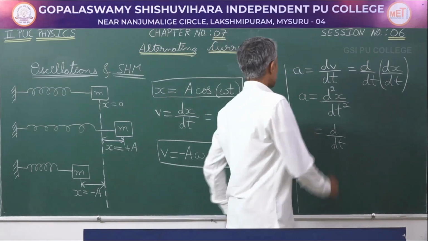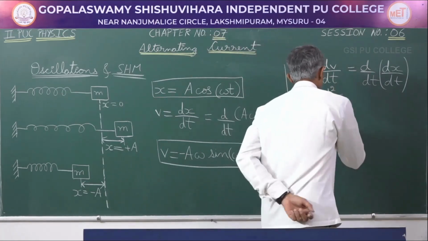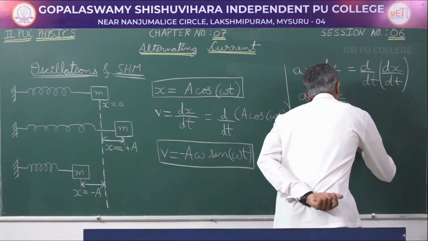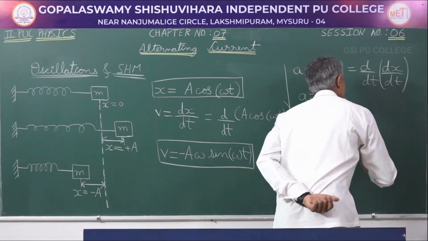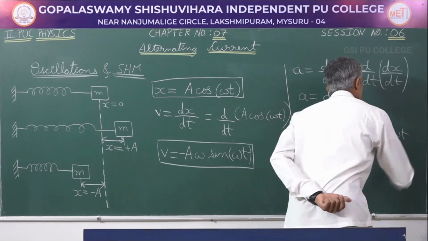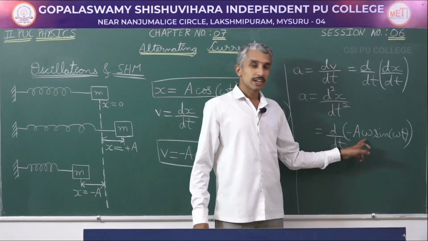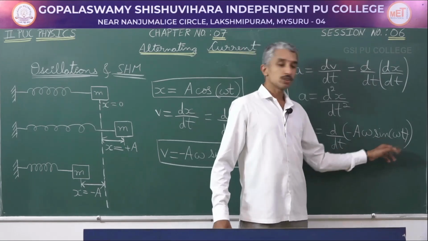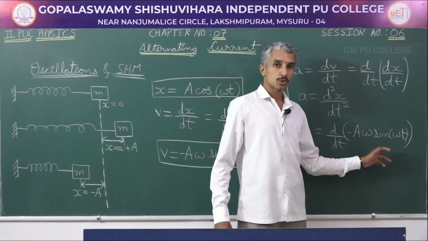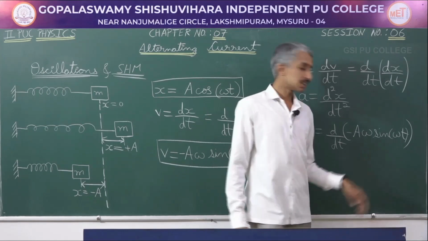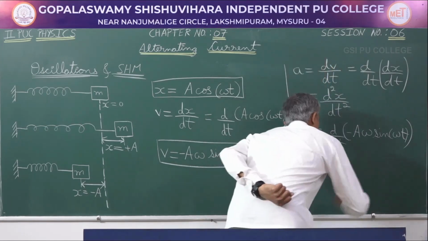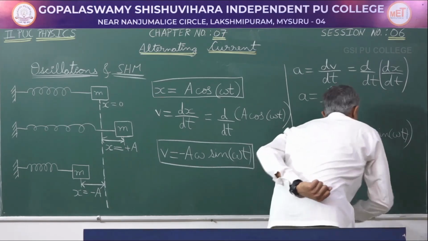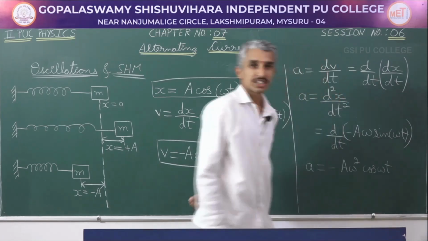If you are applying a is equal to dv by dt, then acceleration is differentiation of minus a omega into sin omega t. A and omega, amplitude and angular velocity, are constants. Differentiation of sin omega t gives me omega into cos omega t. So, finally, the expression is going to be minus a into omega square cos omega t.